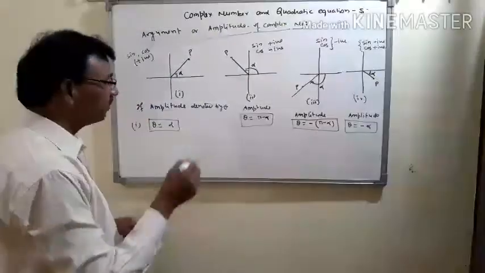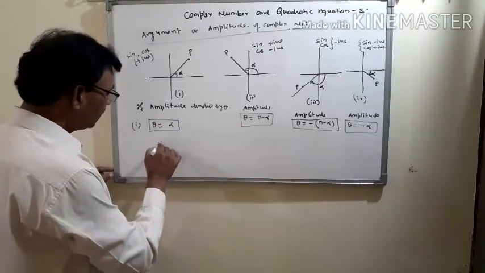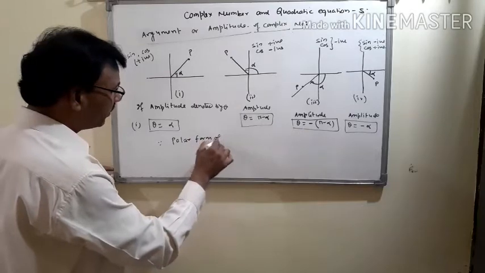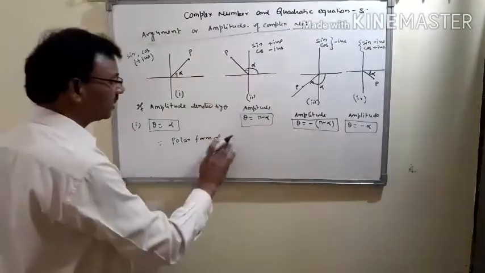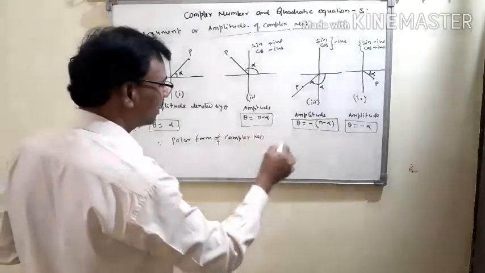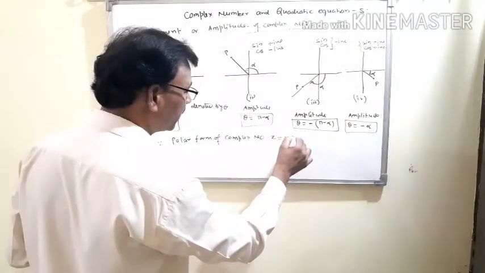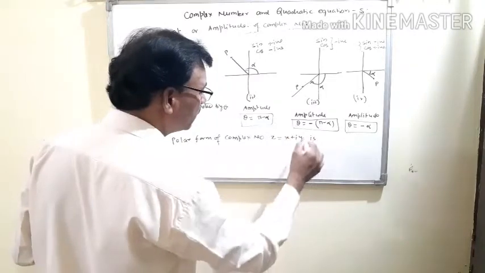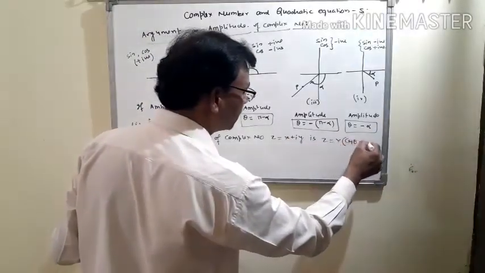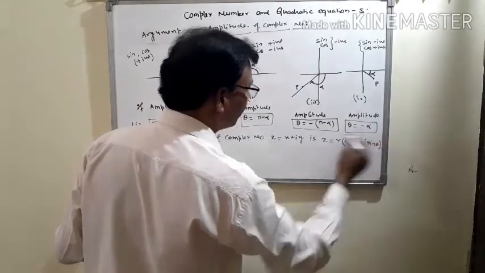The polar form of a complex number Z equals x plus iy is Z equals R into cos theta plus i sin theta.